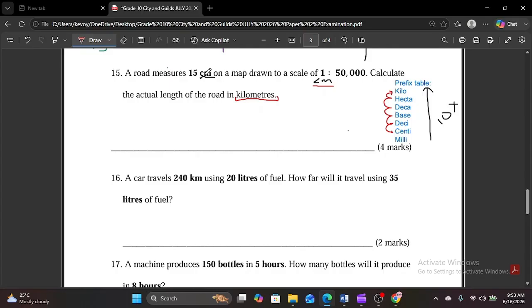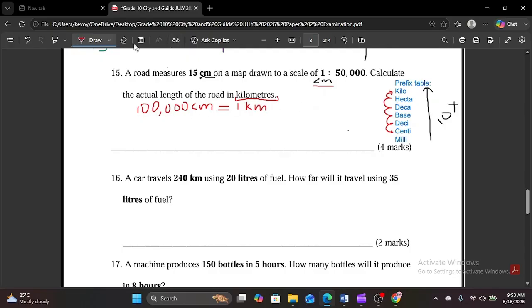So therefore, 100,000 centimeters is equal to 1 kilometer.